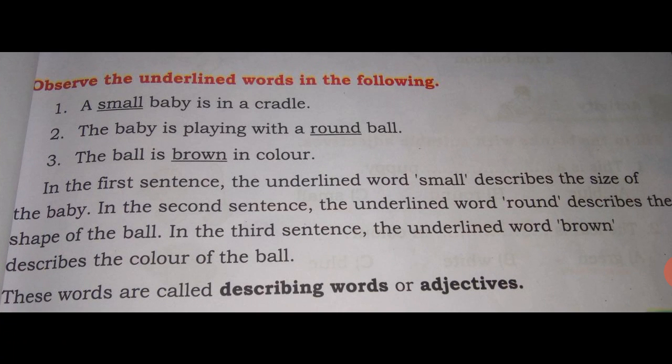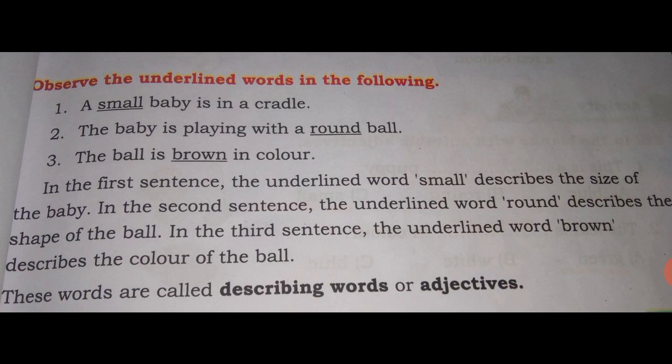So here, in small baby, small describes the size of the baby. Round ball, round is the shape of the ball. Third sentence, brown ball. What is this brown? Brown is nothing but the color of the ball.